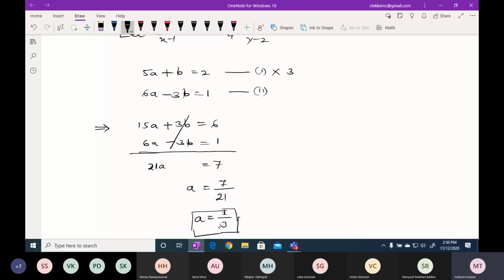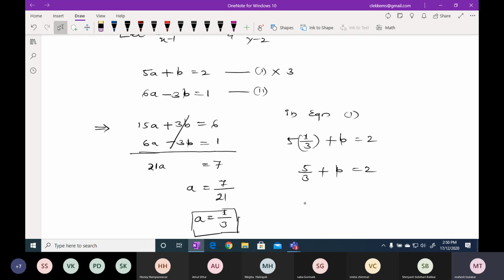So once you got a is equal to 1 by 3, next step, you know it very well. This value you can substitute where? In equation number 1. So in equation 1, 5 times the value of a, 1 by 3, plus b is equal to 2. Now it is 5 by 3 plus b is equal to 2.